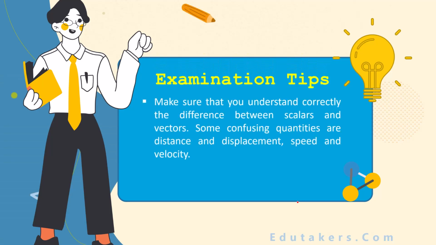Here are exam tips. Make sure that you understand correctly the difference between scalars and vectors. Some confusing quantities are distance and displacement. You may think that distance and displacement are the same thing, but how is one scalar and the other vector?